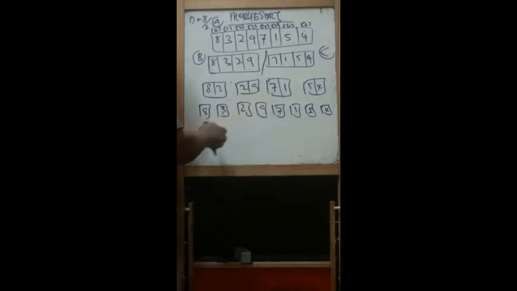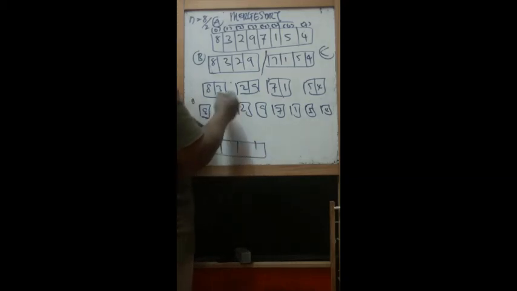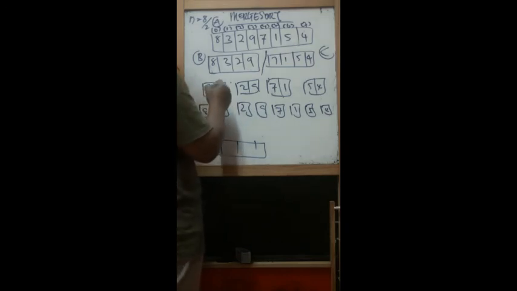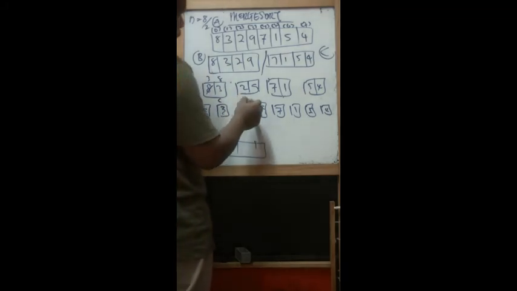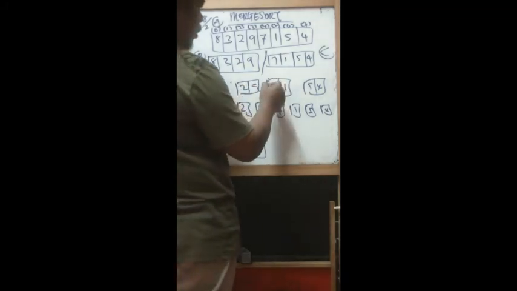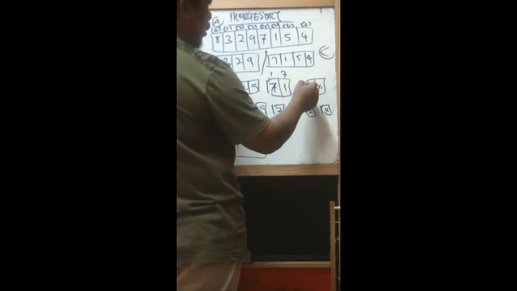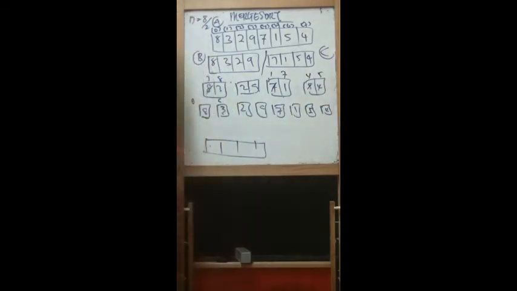Based on the condition, if i is less than p and j is less than or equal to q, consider the B and this C. Compare which one is minimum and put it into the array A. So this becomes 3, this becomes 8, this is maintained, this 1, this 7, this 4, this 5.